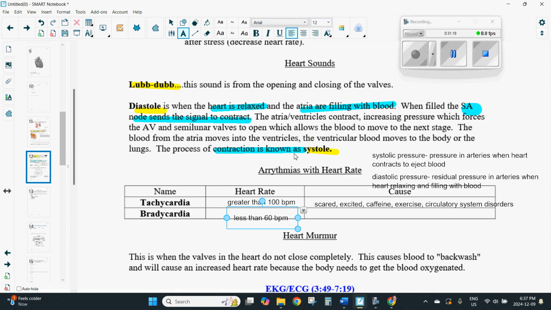Things that can cause bradycardia have varied answers, but if you're physically fit, your heart rate is going to be generally lower. You might think of that as a bad thing, but it could be a good thing. You could have a naturally low heart rate.